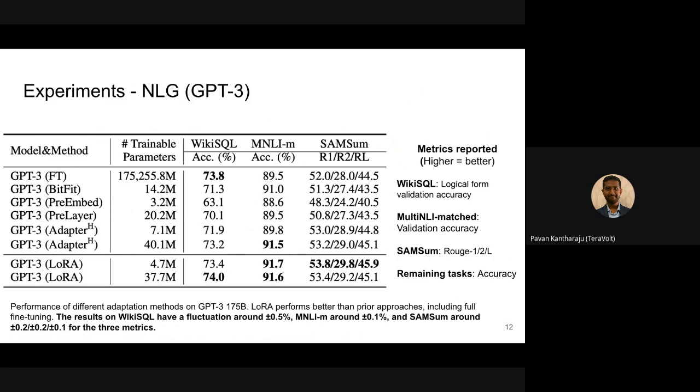I forgot what that is, I'd have to double check. I think it's Wikipedia to SQL, and then MNLI, which I actually forgot what that is. And then Samsum is summarization.